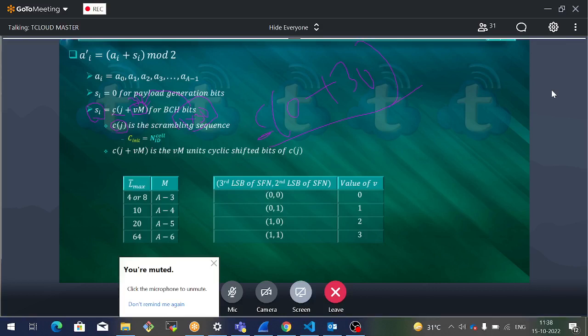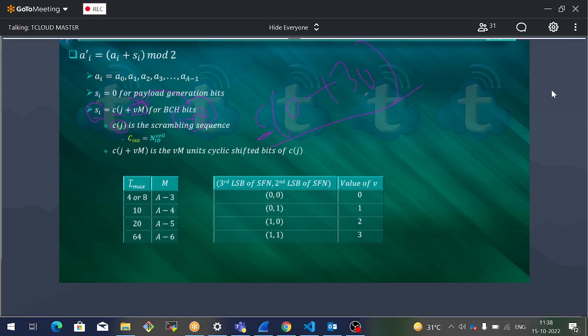So to calculate SFI, you are cyclic rotating the scrambling sequence by 30 units based on the V and M. Because V and M turned out to be 30, C of 30, the 30th bit of the scrambling sequence, becomes the first bit of SFI. Or it is the SFI value, basically.